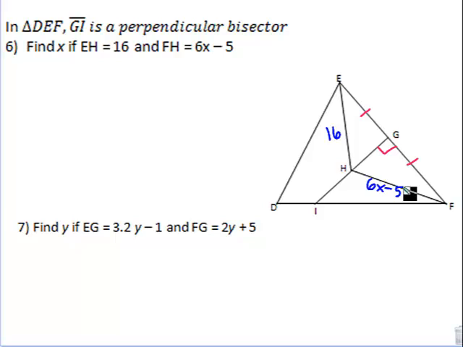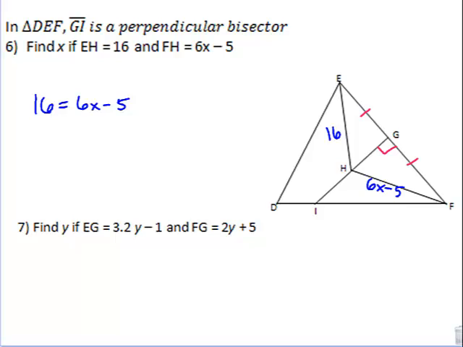Now looking at these, we need to decide how these two sides are related to each other. They should be equal to each other because triangle EGH and triangle FGH end up being congruent by side angle side. So 16 equals 6x minus 5. Most of you should be able to just recognize that they should be equal to each other without justifying why the triangles are congruent.